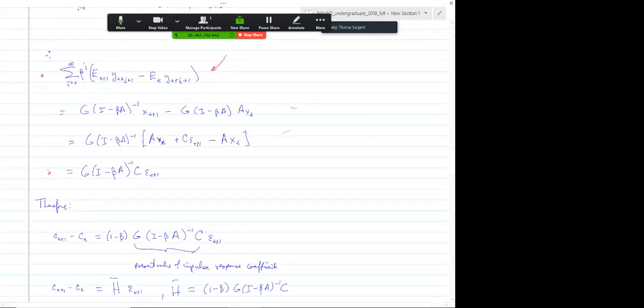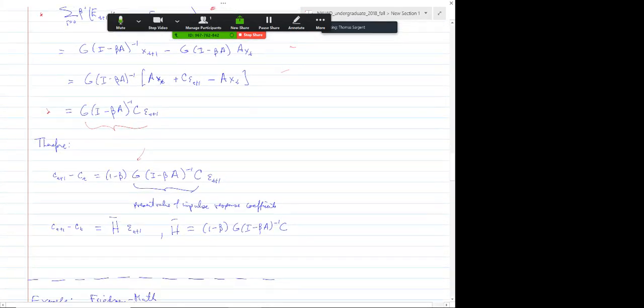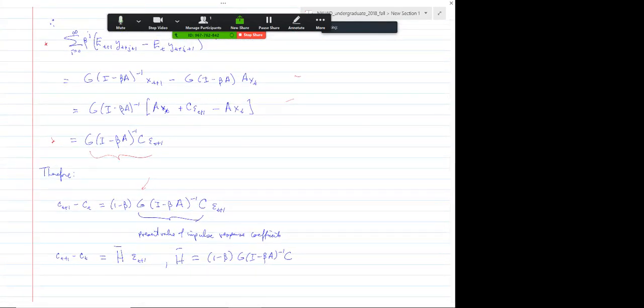I get finally that C_t+1 minus C_t is equal to this. It's 1 minus beta times this thing. And this has an interpretation.